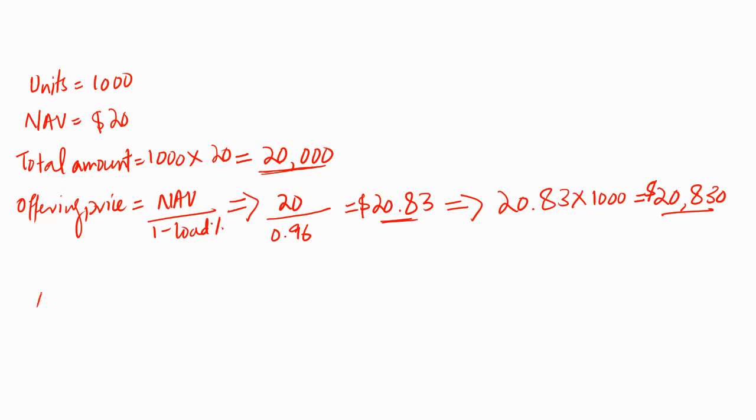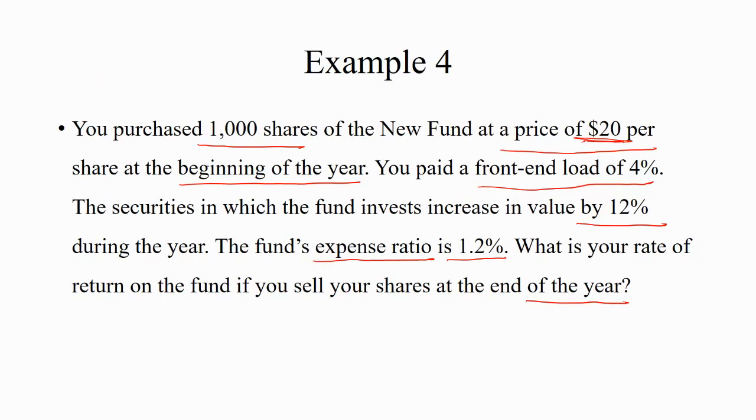so the amount is equal to 20,000 multiplied by 1.12. This means the total amount increases to 22,400. We also have to consider the operating expenses or the expense ratio, which is 1.2% of the invested amount.